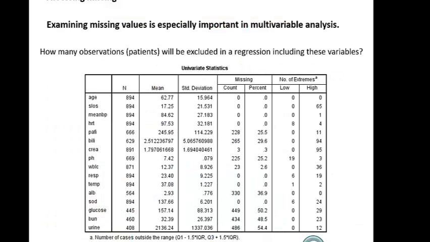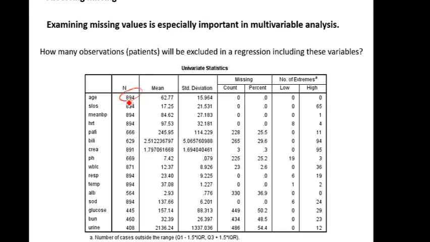So here is a motivating example for today. We are going to use data from the SUPPORT study. SUPPORT is a very famous study because data from it were used to develop the APACHE score, which is a prognosis score among patients in the ICU. We have 894 randomly selected patients from the SUPPORT study.